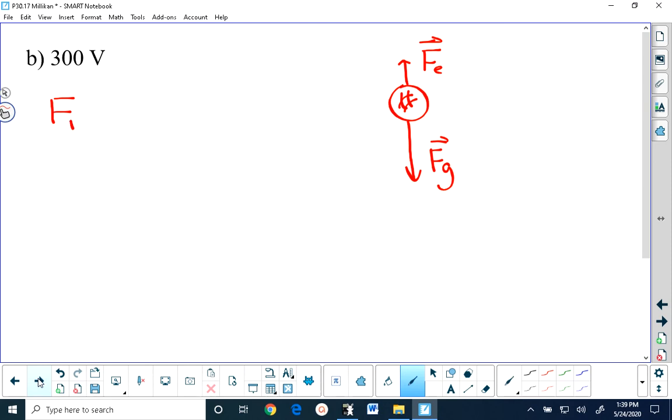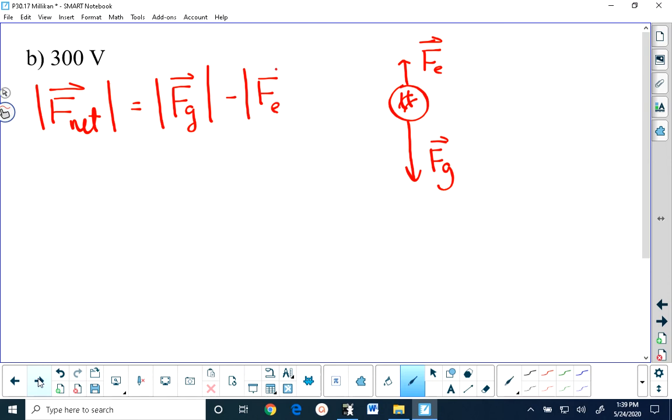That means the net force will have a magnitude equal to the force of gravity, its magnitude, minus the magnitude of the electric force. So what does this give us? It gives us Ma is equal to mg minus QE. You know, I didn't write the absolute value signs around g that time.